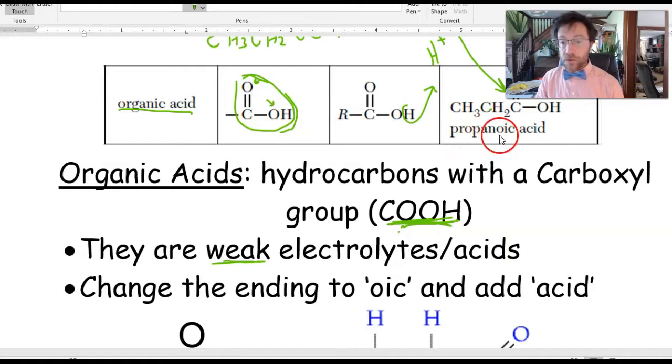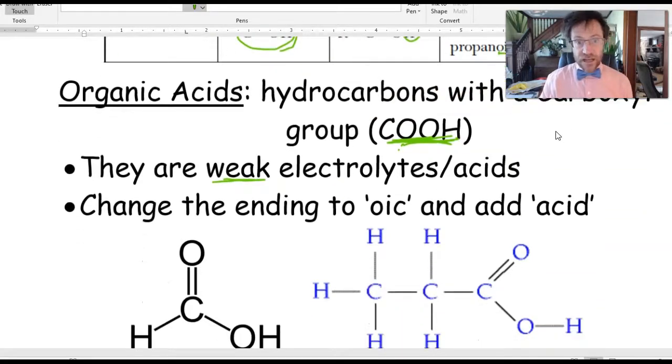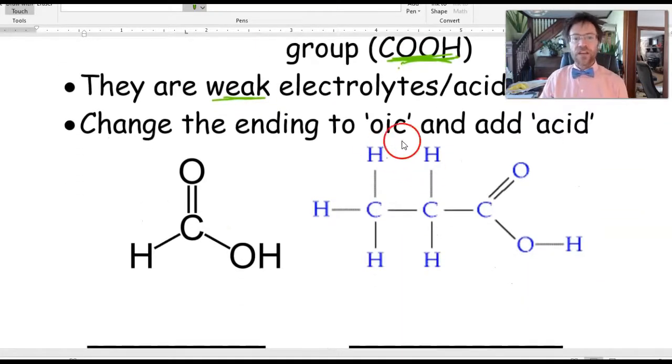What we're gonna do is change the end to oic and then say acid. So just as before, you count the longest sequence of carbons: 1, 2, 3, meth, eth, prop. Instead of propane, it's propanoic acid. That's really all there is to these things. These guys are simple, right? Oh yeah, change the ending to oic acid.